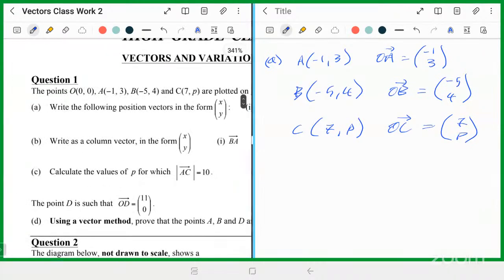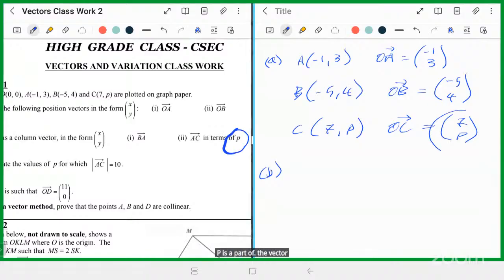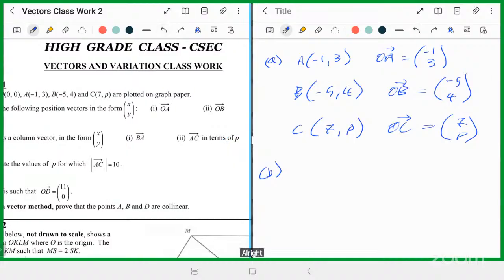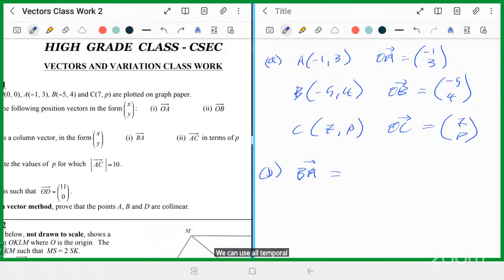Then part B wants us to work out these two displacement vectors, BA and AC. AC is going to be found in terms of P, meaning P must be in the answer, because P is a part of the vector OC. First, the displacement vector BA. Since we know the position vectors of B and A, we can use O times the last minus O times the first.